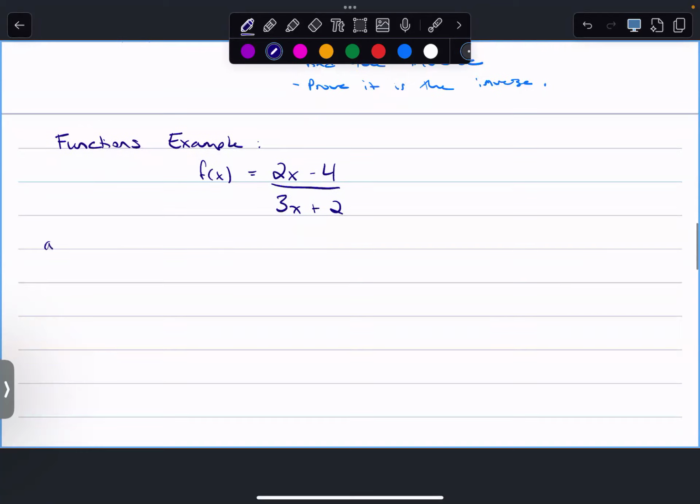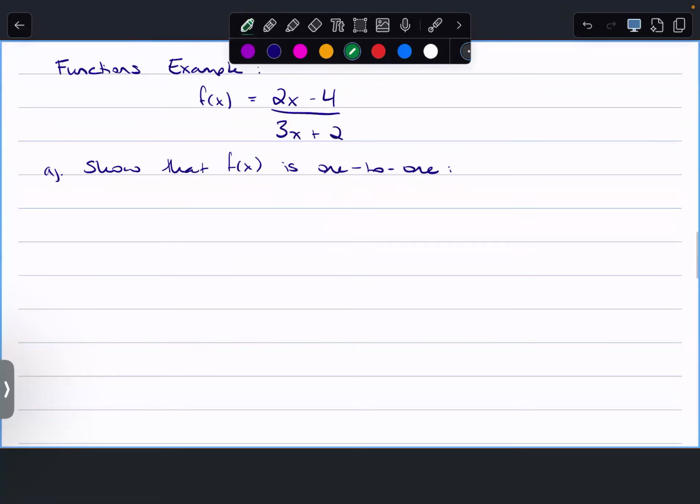So part A, show that f of x is one-to-one. How do we do that? A function is one-to-one if we're able to show that if f of a is set equal to f of b, then a equals b if f is one-to-one.